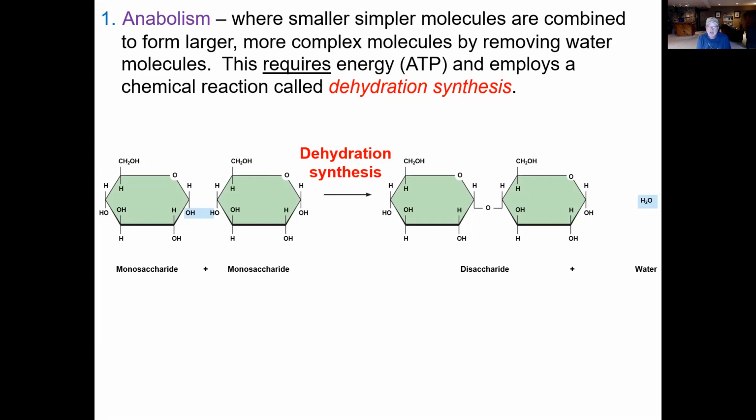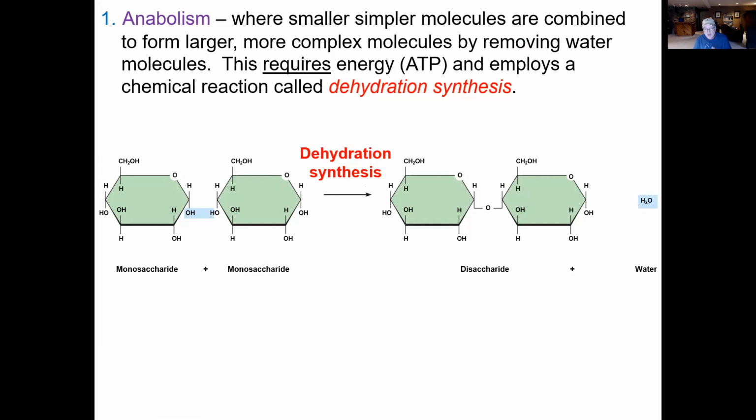They're called monosaccharides. And we're combining them anabolically in dehydration synthesis. The end result is the formation of a bigger, more complex molecule, as promised by the definition. And we are also making water as a result. So water is a byproduct of this process.